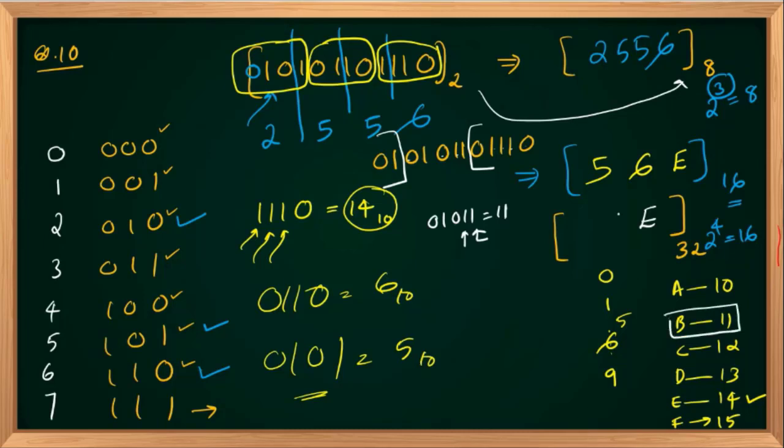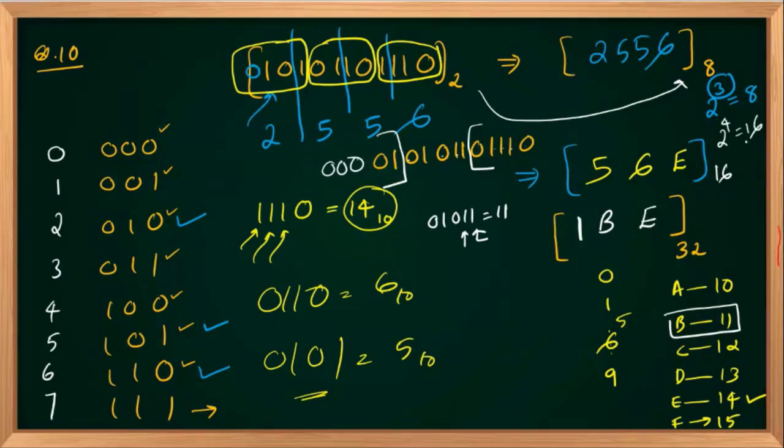So I'm assuming base 32 has the same symbol B corresponding to the decimal equivalent of 11. So I'm writing B here. Then this is a simple one. I have to group 5 digits at a time, so I'm inserting 3 zeros. 3 plus 2, 5. 0, 0, 0, 0, 1 is nothing but 1. So 1BE base 32.